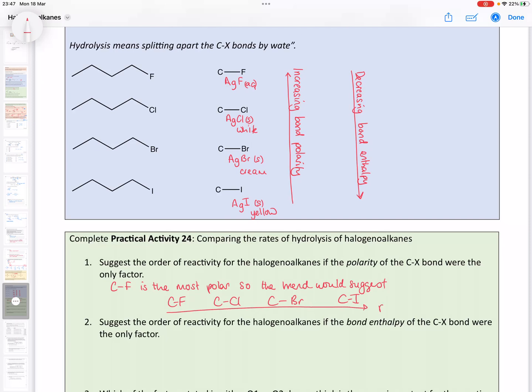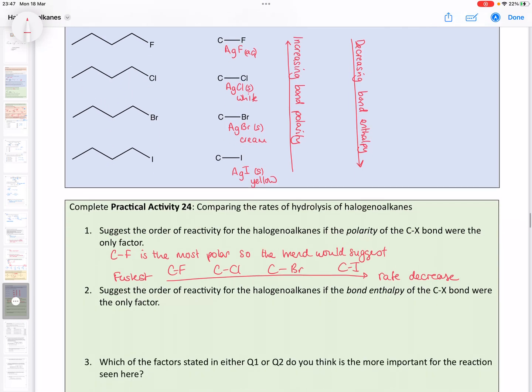So the rate would decrease as you go towards C-I, and the rate would be at its fastest at C-F and C-Cl. Now obviously in our experiment we're just going to start at C-Cl because the C-F is going to form an aqueous silver fluoride.